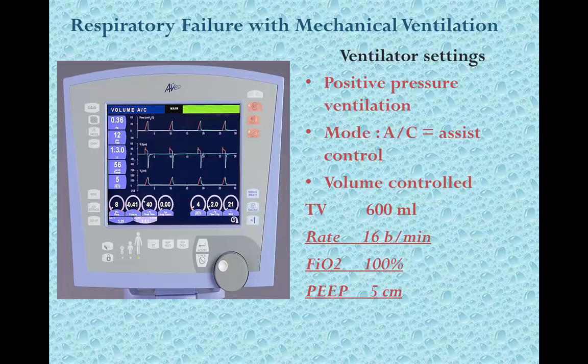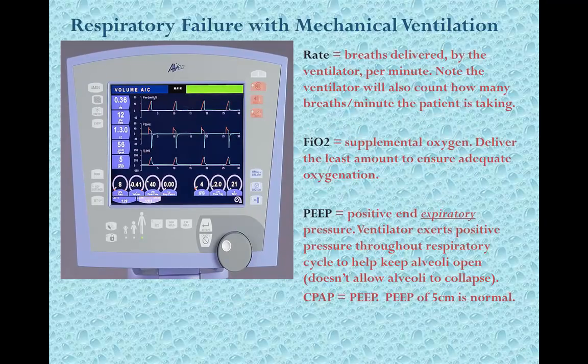We've already addressed positive pressure ventilation. We've already addressed the mode. We've already addressed volume and the two ways in which tidal volume can be delivered. Now we're going to look at rate, FiO2, and PEEP. Rate is very simply the breaths that are delivered by the ventilator per minute. But the ventilator is pretty smart, and it can also count the rate that the patient is taking.